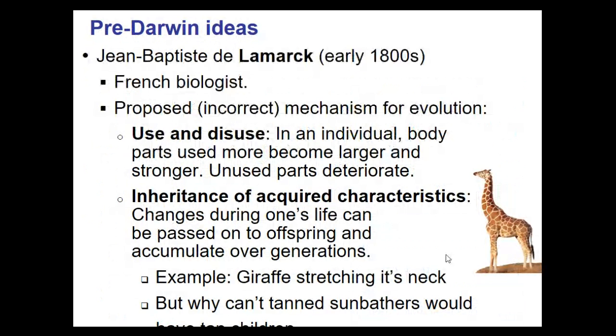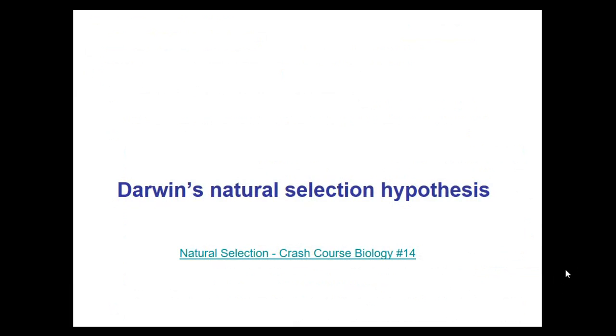Talked about some ideas related to evolution, or just the beliefs that there was no evolution previously, before Charles Darwin proposed his theory of evolution. I'll go through all of them again.